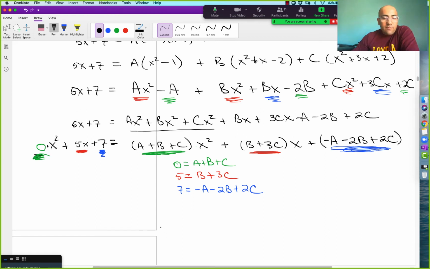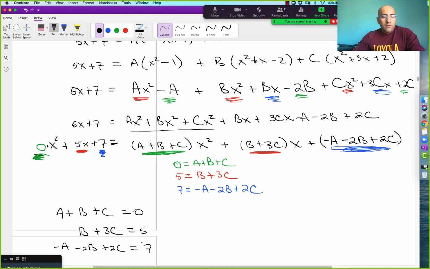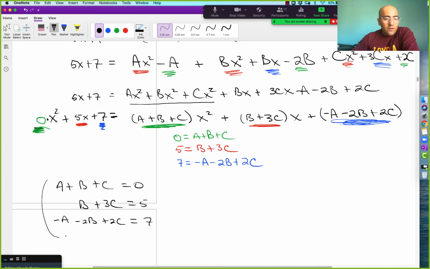And to put it in the same way that we've been solving things so far, let's write it as a plus b plus c equals 0, and then b plus 3c equals 5, and then minus a minus 2b plus 2c equals 7.